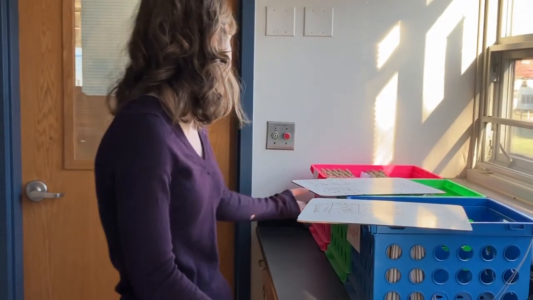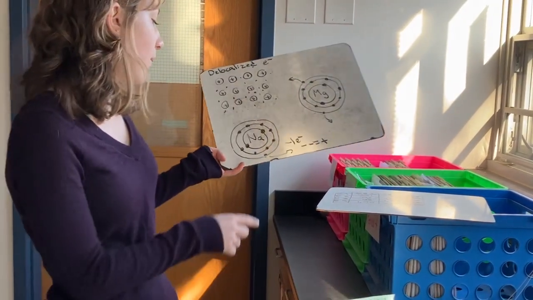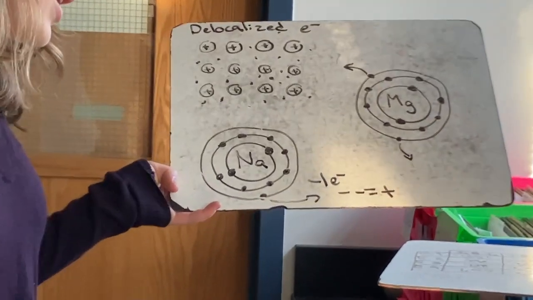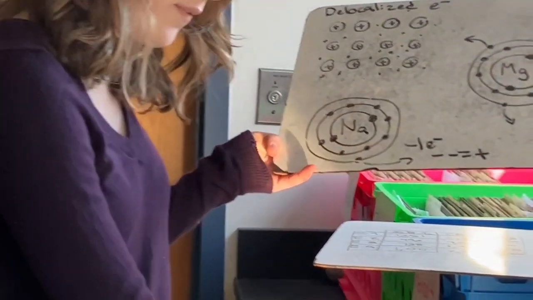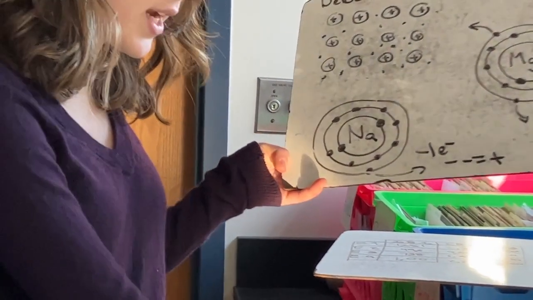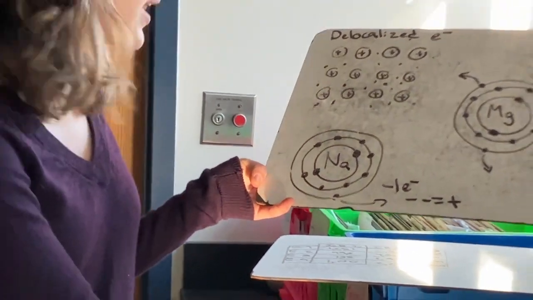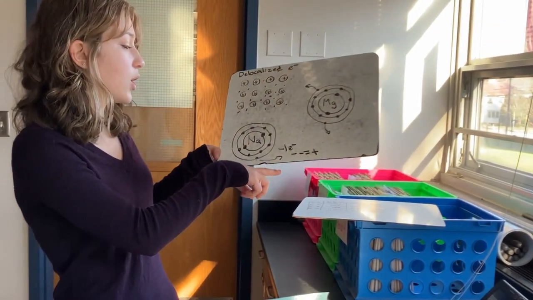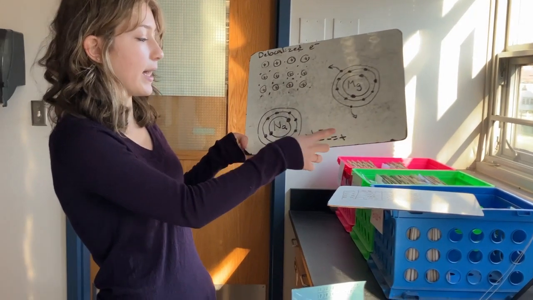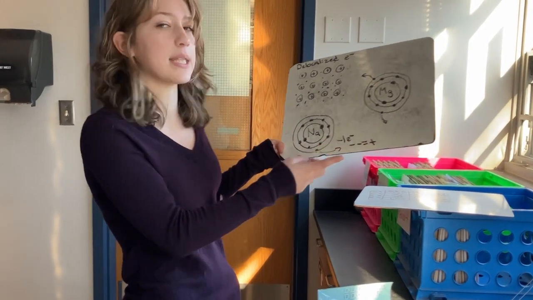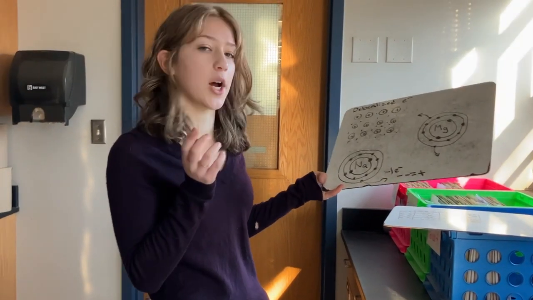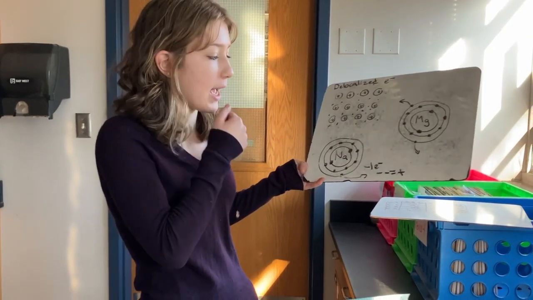As we know, Na wants to lose 1 electron so that it can get to the electron configuration of Ne, which has 10 electrons, so it wants to lose 1. So it's losing 1 negative electron, but that means that we're getting a positive charge on that for an ion.